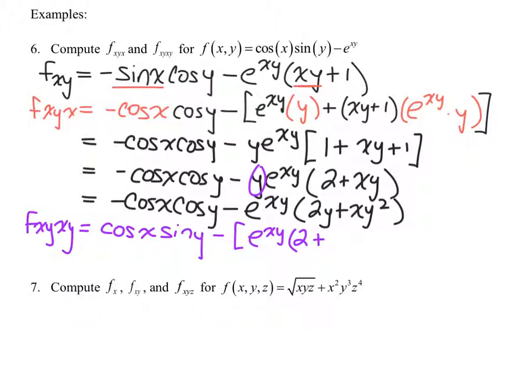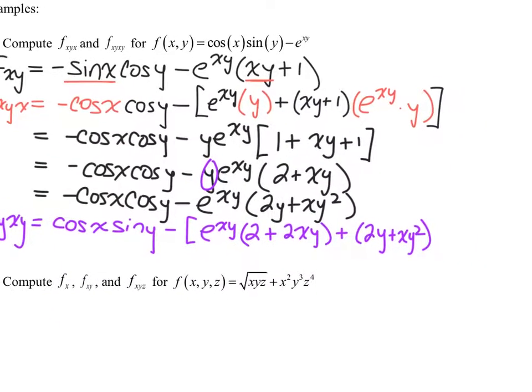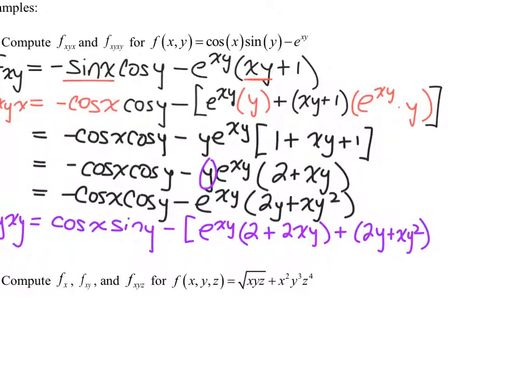So in this case, the 2y becomes a 2. The xy squared, I treat the x as constant. Y squared becomes 2y, so 2xy. Plus the second times the derivative of the first. And the derivative of the first is really just going to follow the same format as before.